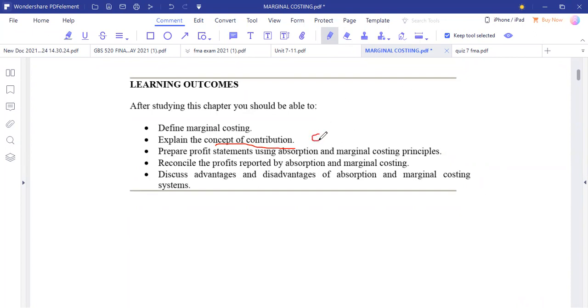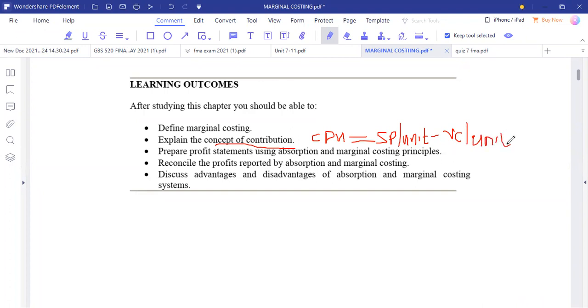So contribution per unit is equal to selling price per unit minus variable cost per unit. This is how we find the contribution per unit in marginal costing.